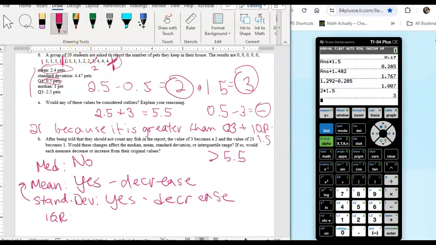And on this side, it would be 1, 2, 3, 4, 5, and then 1, 2, 3, 4, 5. Our quartile 3 would be 2. Let me make sure I calculated right. Yep. Our interquartile range would be a little bit smaller because quartile 3 would be 2. So by a little, it would be 1.5 instead of 2, so it would also decrease.